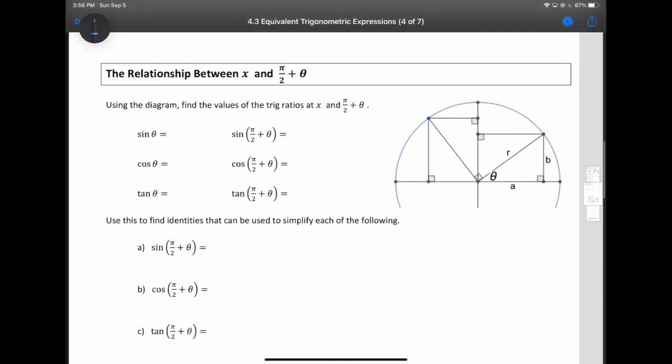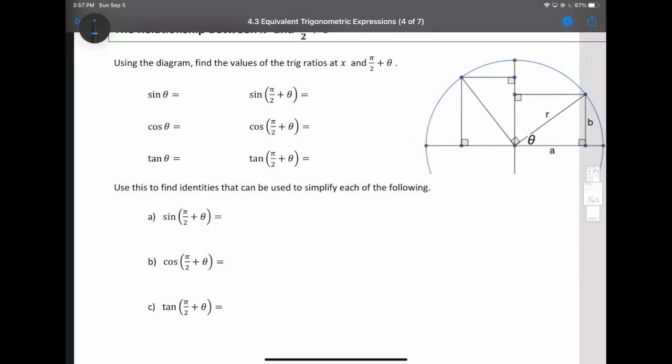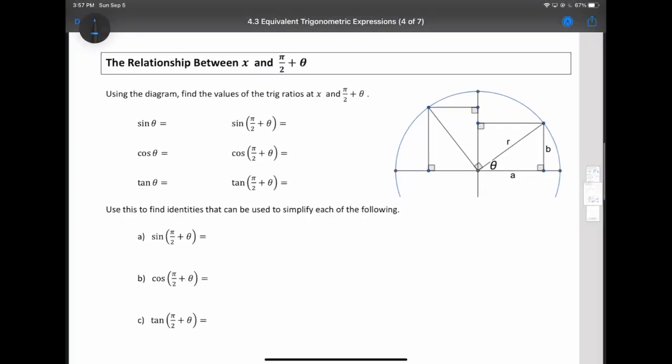if I take a look at sine theta in my diagram, it keeps bumping every time I touch it.